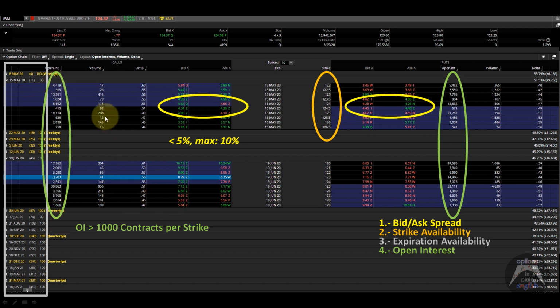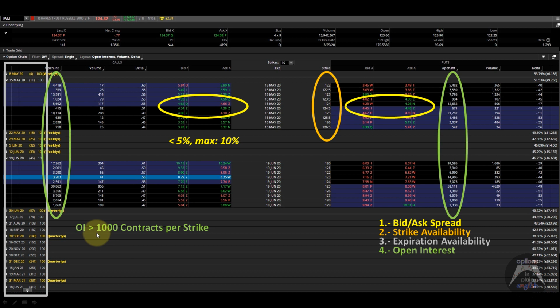So if you decide to buy or sell one of these, you know there are going to be traders here who will provide you with the liquidity to get out when you need to. Same with puts. If you take a look here, we have 5,000, 3,000, 12,000. So it's very liquid. So far, this underlying is very, very liquid.